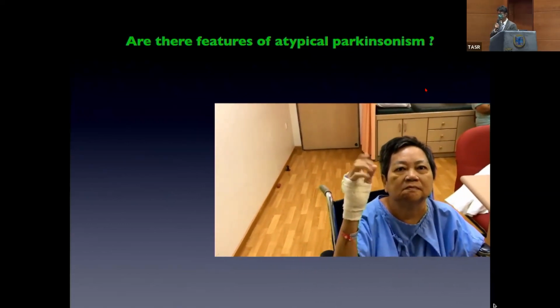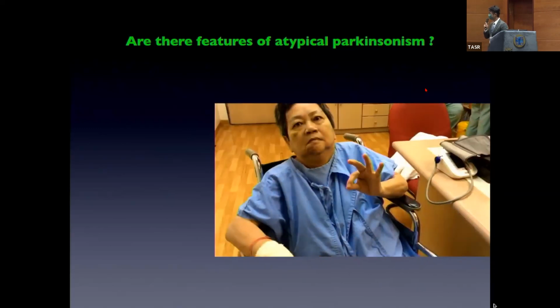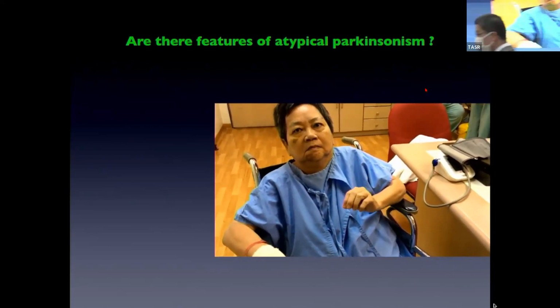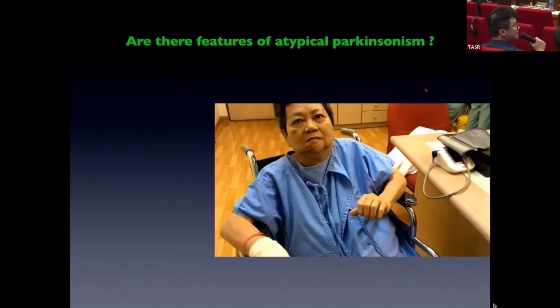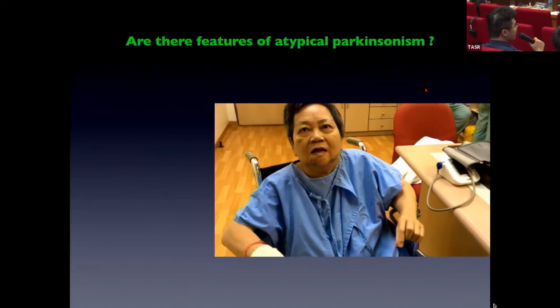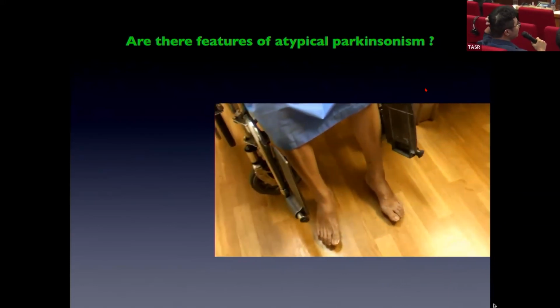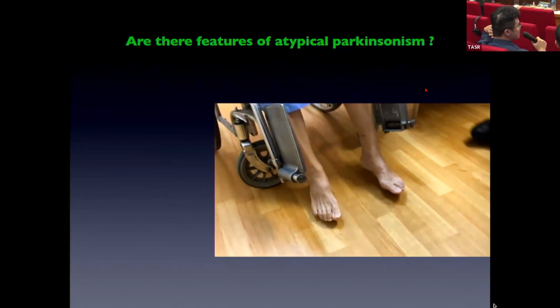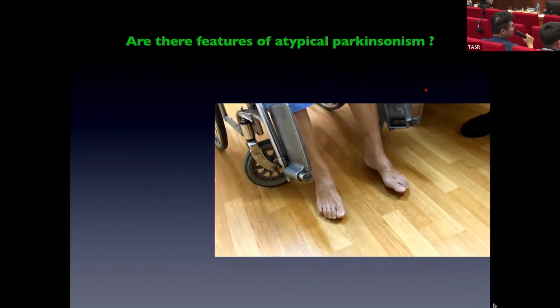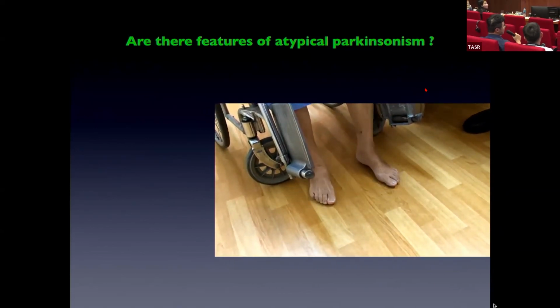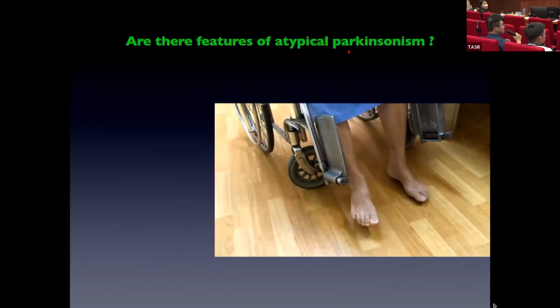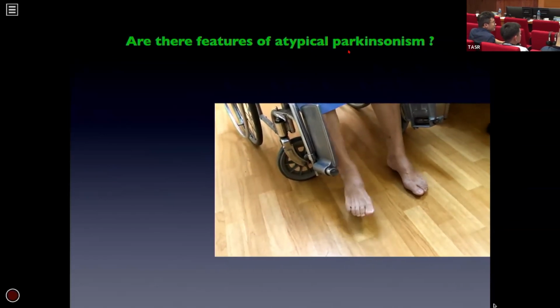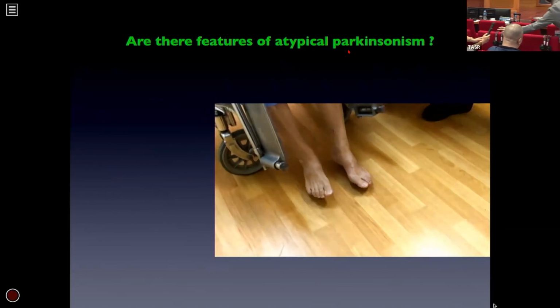I see abnormal movement of her eyes. Maybe retrocollis. Okay, good. And limitation of the vertical movement of the eyes. Yes, abnormal vertical eye movements, and also there's less blinking.